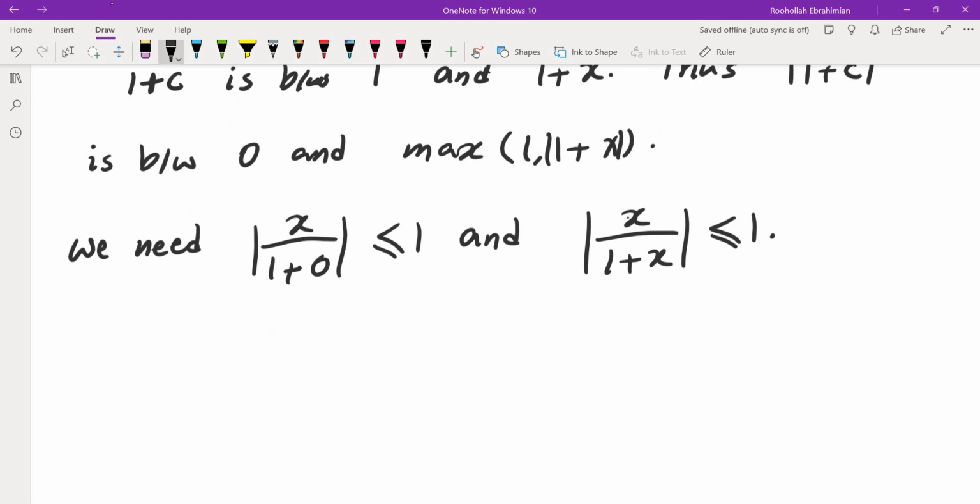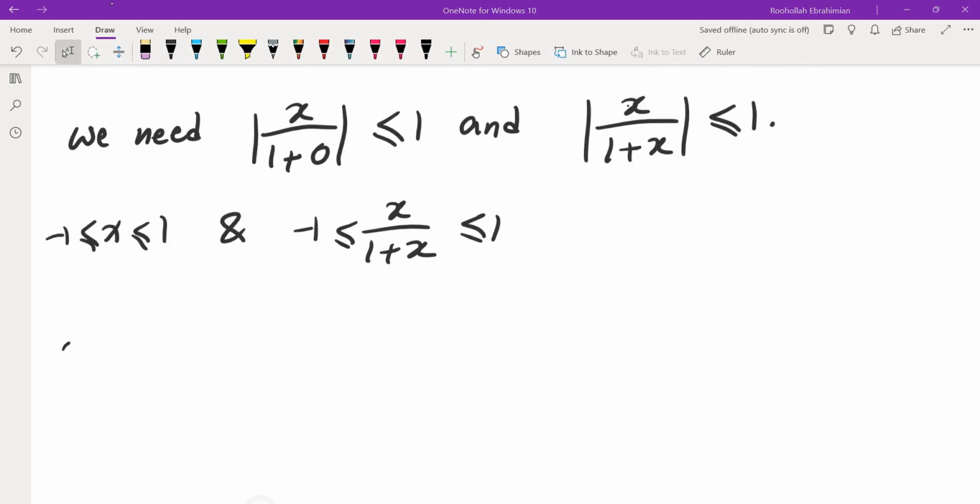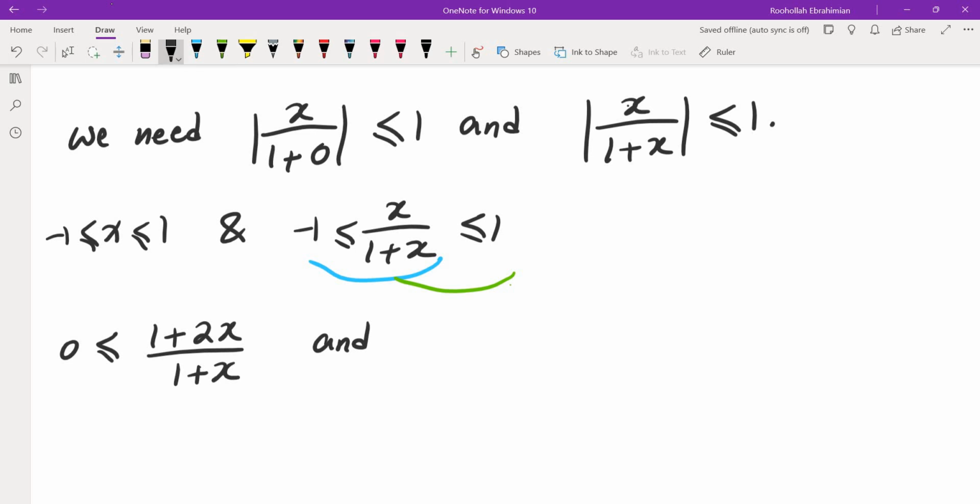If you look at the first one, we get x is between -1 and 1, and the second one gives us x over 1 plus x is between -1 and 1. Let's work on the left side of this. That gives you 0 less than or equal to 1 plus 2x over 1 plus x, and the right side gives us minus 1 over 1 plus x is less than or equal to 0.